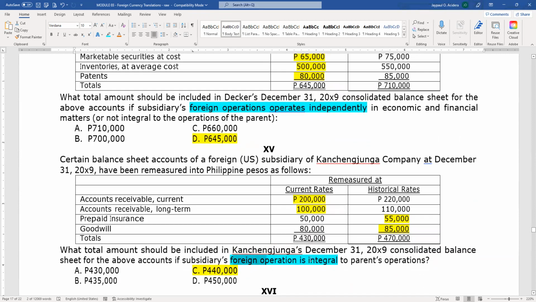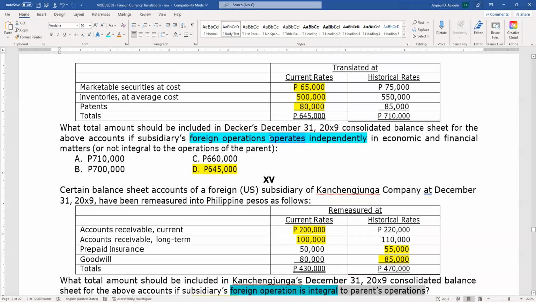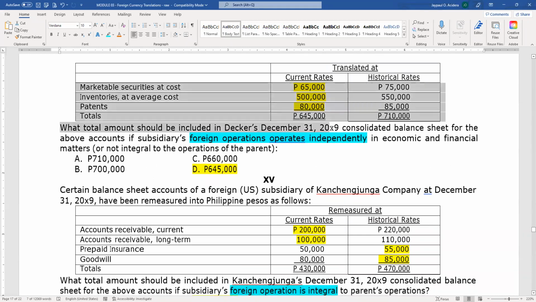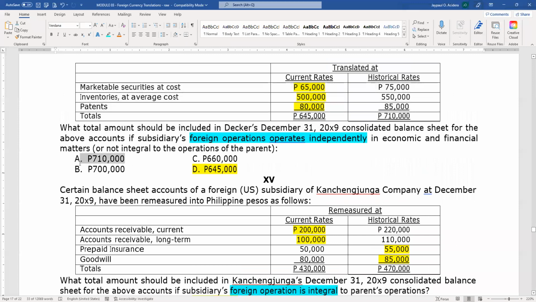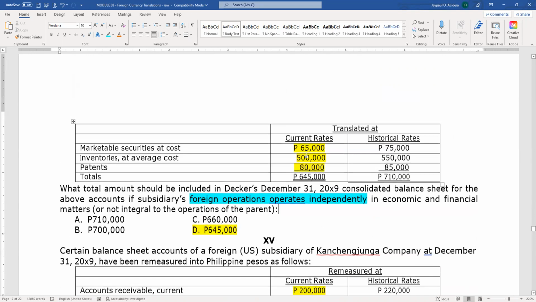Kung yun ang ginamit dito sa problem na to, then the answer would be 710,000 because all of these are non-monetary assets. Therefore, under method 2, we have to use historical rates. Okay? But again, for this one, ano siya? Current rates lahat kasi method 1 ang gagamitin.